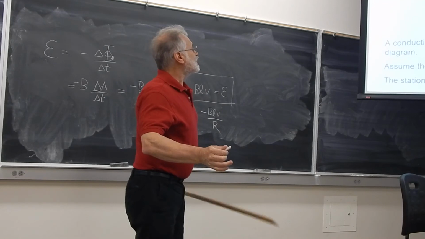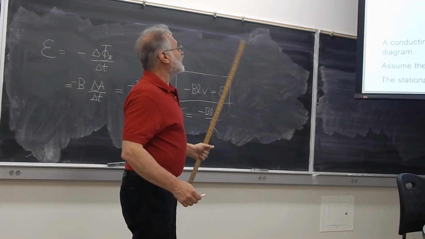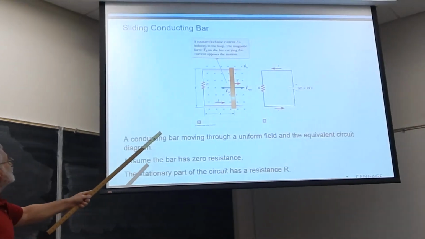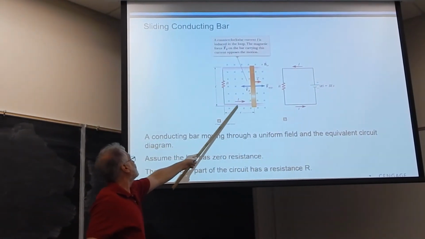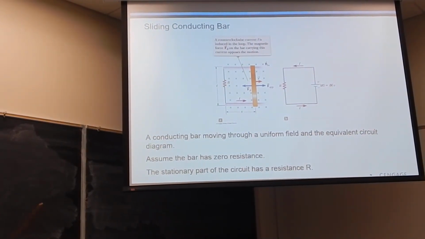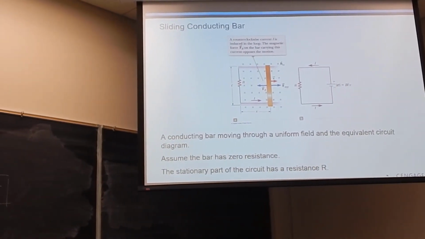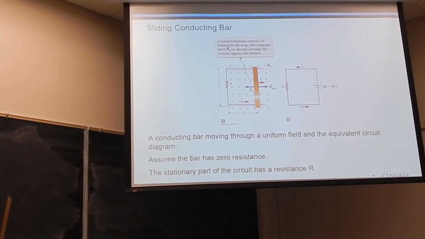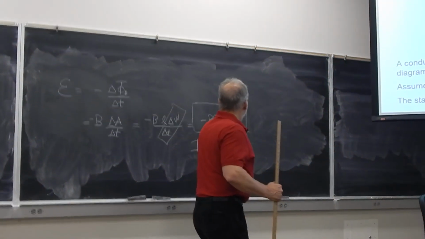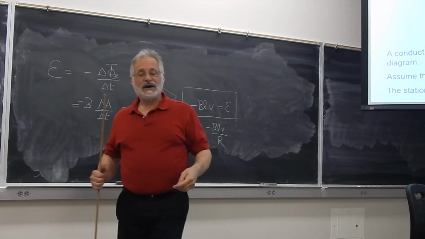And so this is a really nice way of describing motional EMF. On the other hand, were I to move the bar towards the left, that would cause a decrease in magnetic flux, and that would give me an opposite sign value for my EMF and my current that's induced.